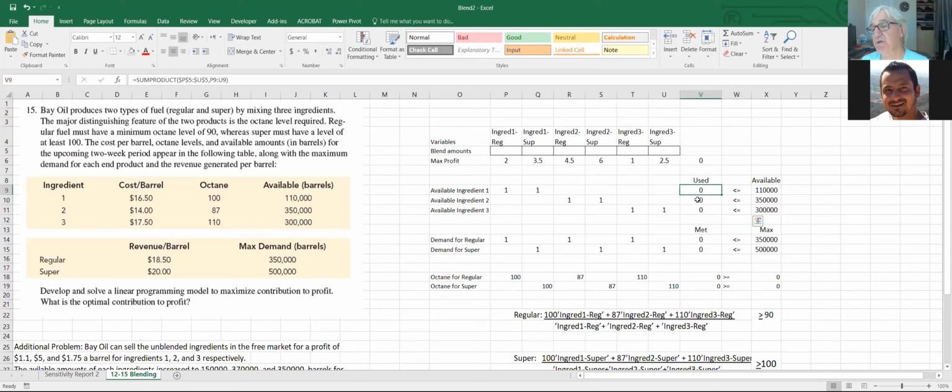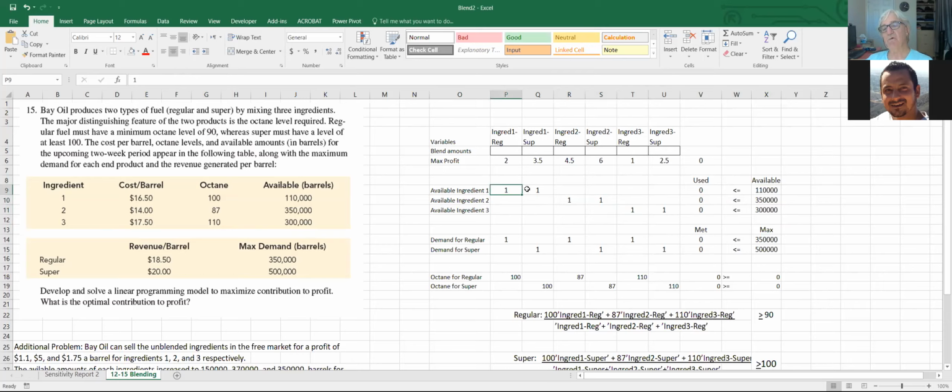And the sum product here is calculating exactly how much of each ingredient you are using. That's why you put 1 and 1 here for ingredient 1, ingredient 2, ingredient 3. Each one of these ones belongs to the variables in question.